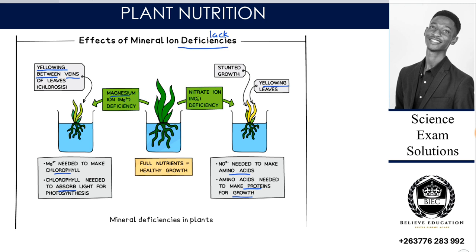Then in the other one, the lack of the nitrate ion, it would become what? Yellow. So we are saying that if it lacks nitrogen, it causes yellowing of leaves. If it lacks magnesium, it causes chlorosis.